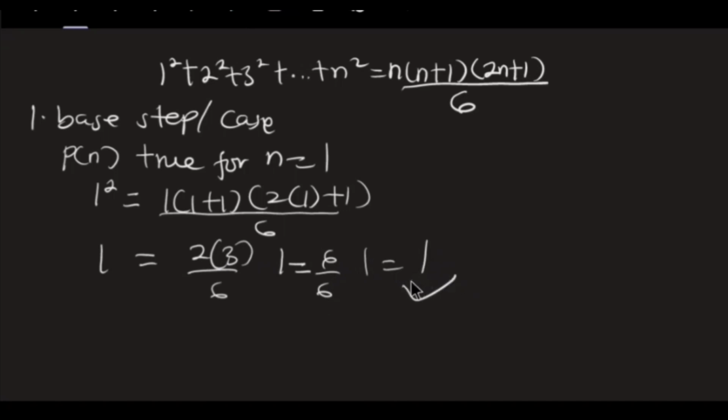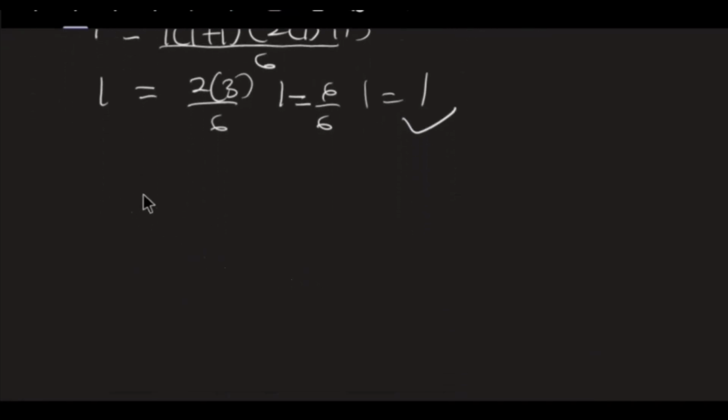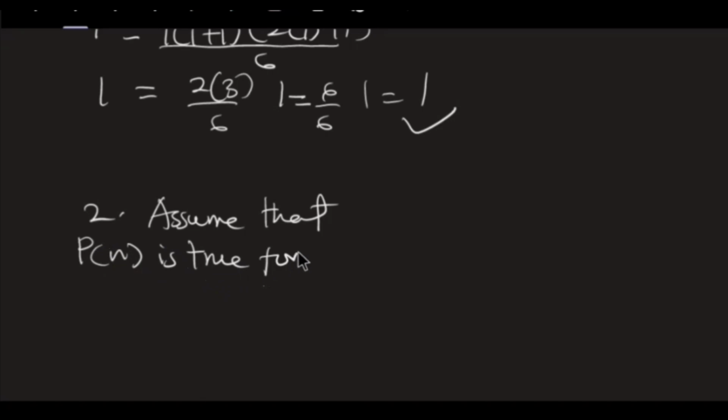That is true. The next step we move to is the inductive hypothesis. At the inductive hypothesis, you assume that the statement P of n is true for n equals k. That is an assumption.